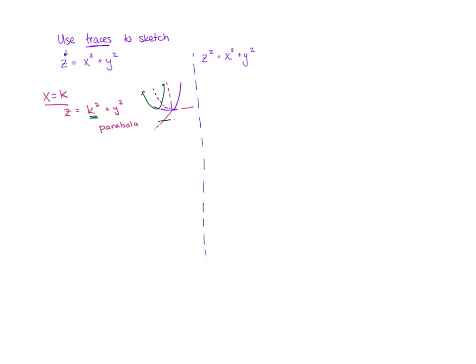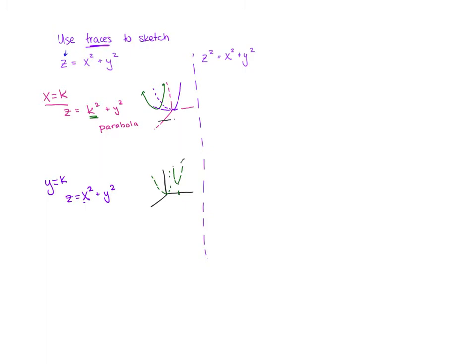Let's look at what's happening in the y direction. In the y direction, when y is equal to a constant, I get basically the same thing. z is equal to x squared now, plus some y squared. So again, for different values of y, I'm going to see these parabolas that are getting up higher and higher in that y direction.